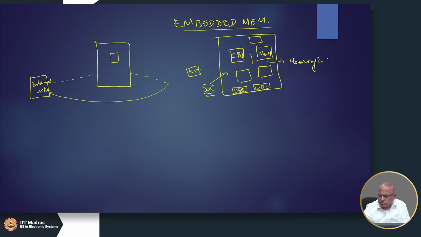Memory is always tested using built-in self-test. So this March algorithm, there is a memory BIST controller.